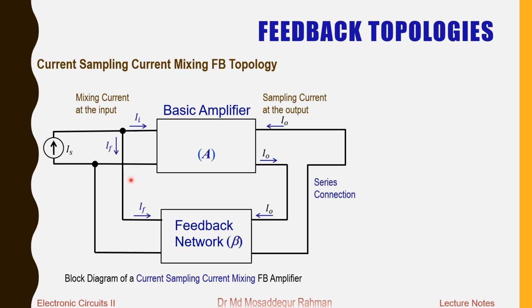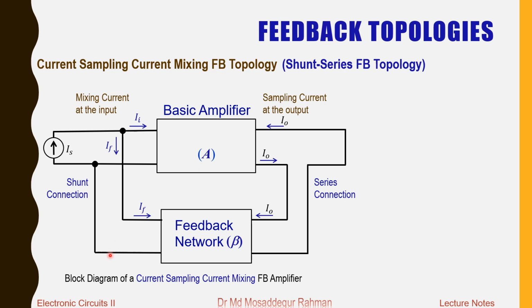Since we are mixing current at the input side, the connection remains the same as the previous one. It is a shunt connection, and at the output side it is a series connection to allow the output current to flow into the feedback network. So the type at the input side is shunt, at the output side it is series, and it is also referred to as the shunt series feedback topology.